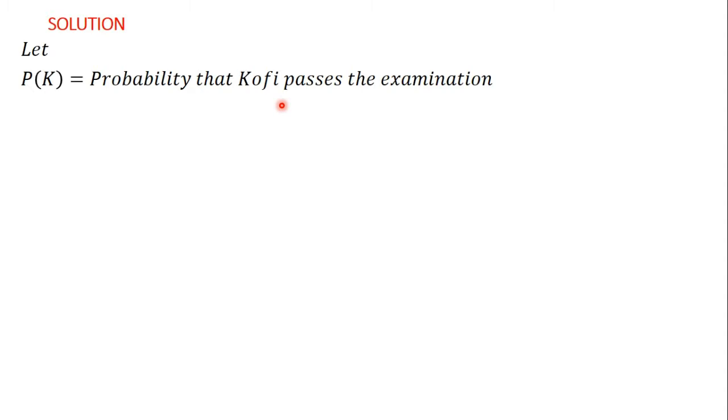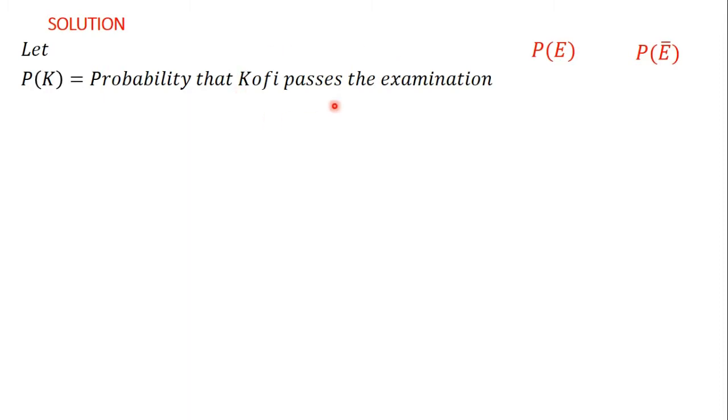From the videos on the laws of probability, we learned that if P(E) is the probability that an event will occur, then P(E complement) is the probability that that event will not occur.